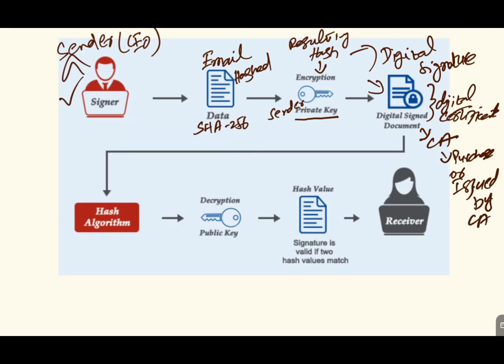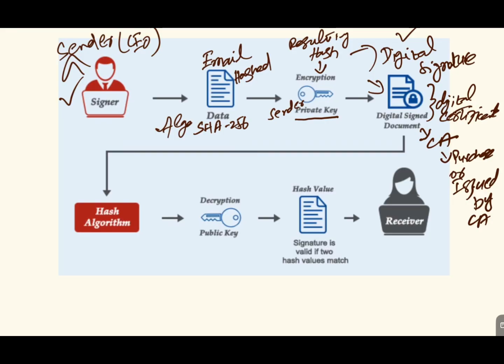So again, three things. One, the content of the email is hashed using a hash algorithm. Two, the resulting hash is encrypted with the sender's private key, which is called the digital signature.